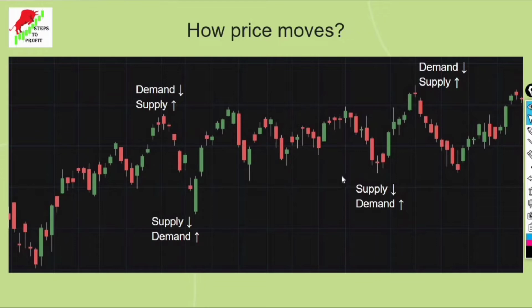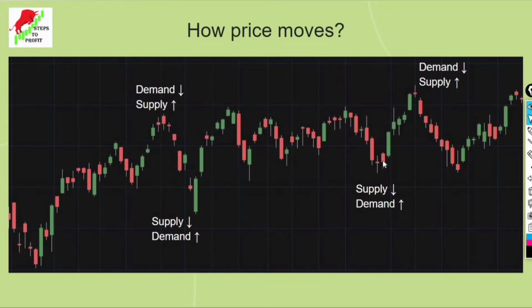This area where demand is greater than supply is also known as oversold area, and the area where supply is greater than demand is also known as overbought area. So when price is at oversold stage, or stock is at oversold stage, buyers come into the picture and start to buy that particular stock.